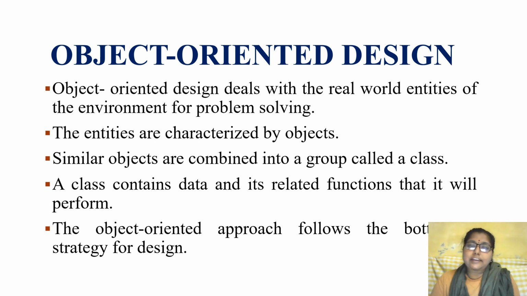The entities are characterized by objects. Similar objects are combined into groups called classes. The classes contain data and the related functions that will be performed. The object-oriented approach follows the bottom to top strategy for design, while the function-oriented follows the top to bottom approach.